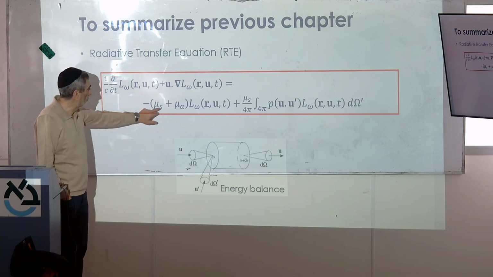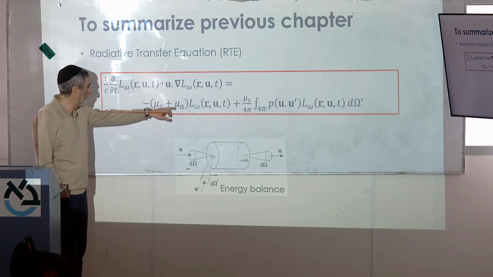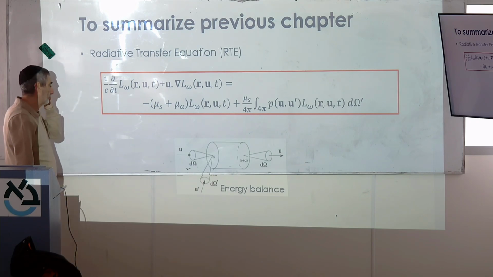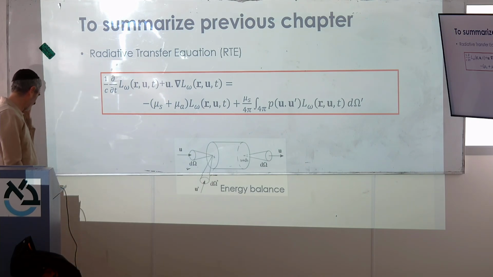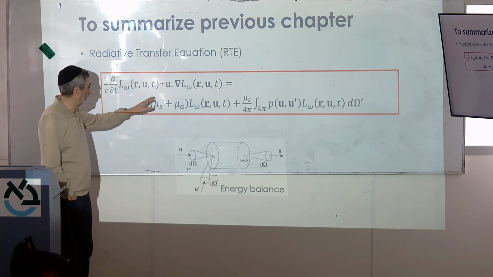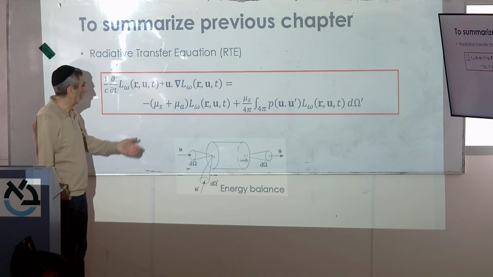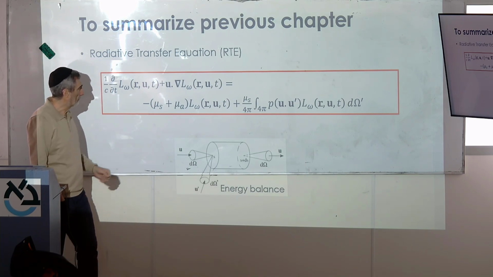Here you have mu_s plus mu_a, so that's actually the total loss due to absorption and scattering, times L.